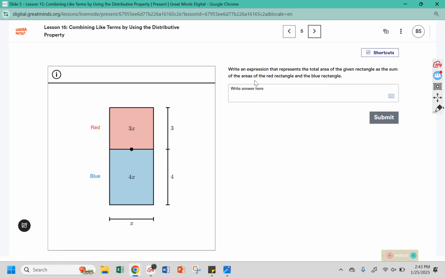Write an expression that represents the total area of the given rectangle as a sum of the areas of the red and blue rectangle.